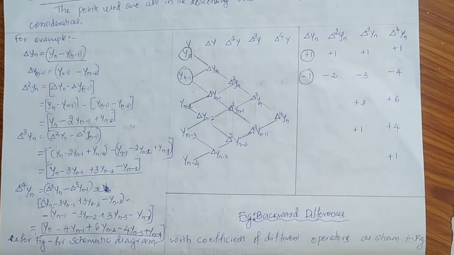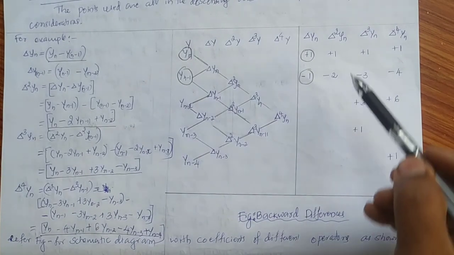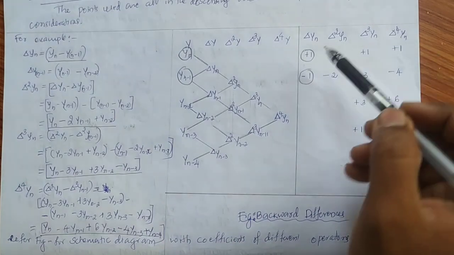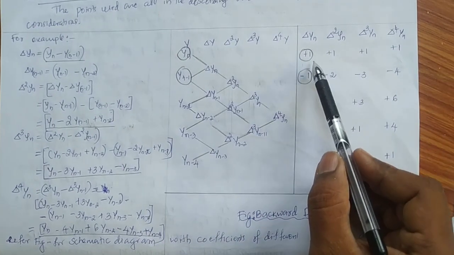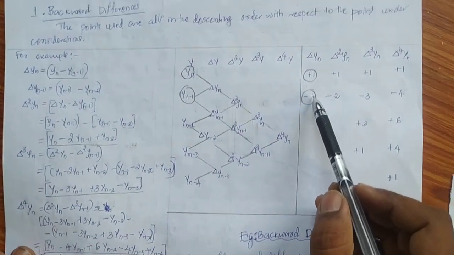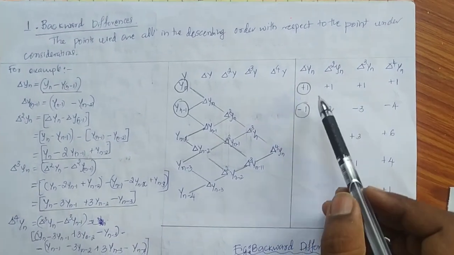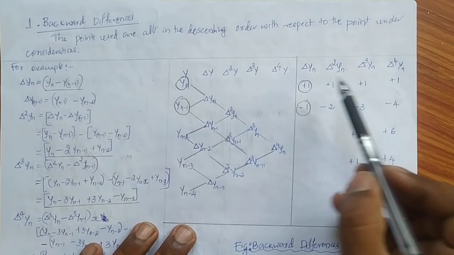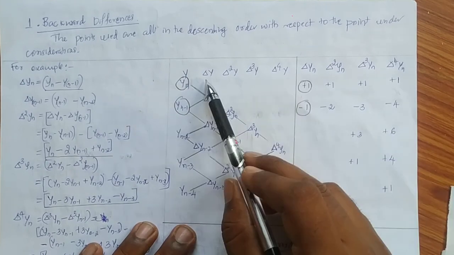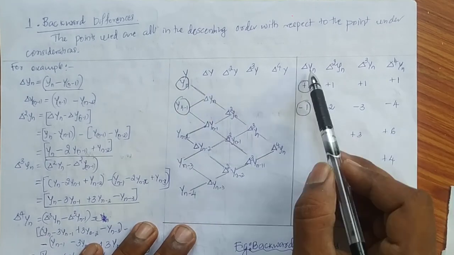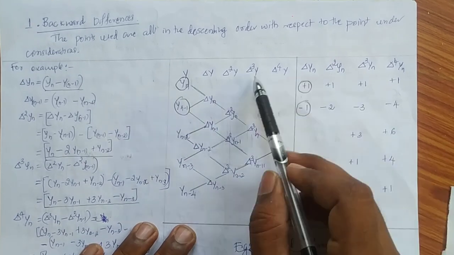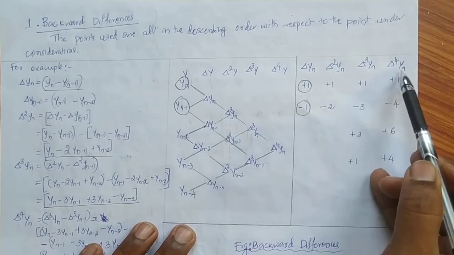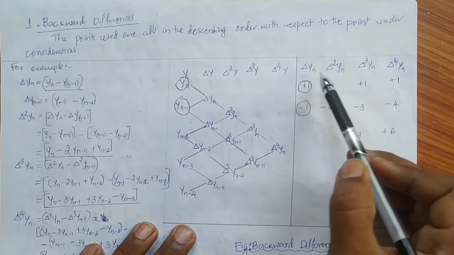I'll let you know how. What you need to do is just remember these values. Over here, this is the chart. Over here, you just write down delta yn, delta square yn, delta cube yn, delta to the power 4 yn. You just write down those.